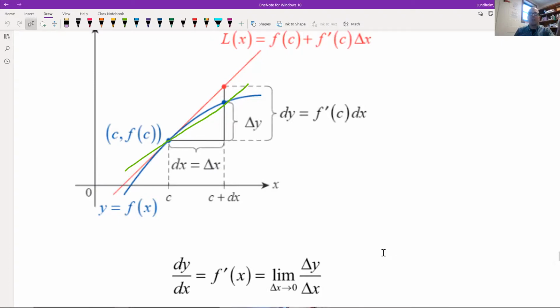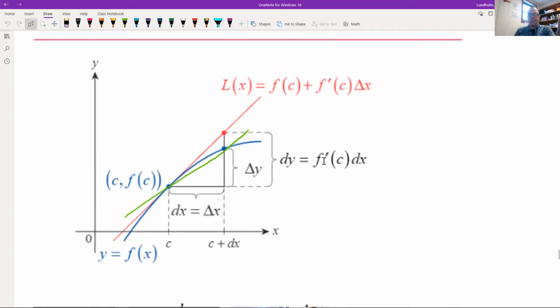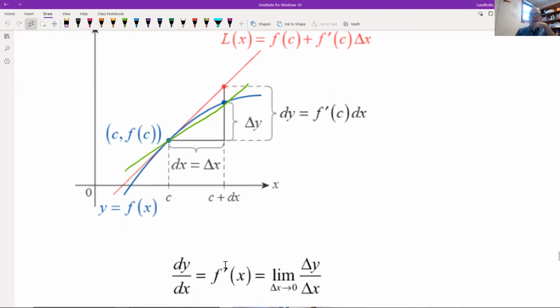So that's just some context for these differentials. But dy is moving along the tangent line at some point c, because that's the way that dy is defined. It's the slope times the nudge in x. Okay.